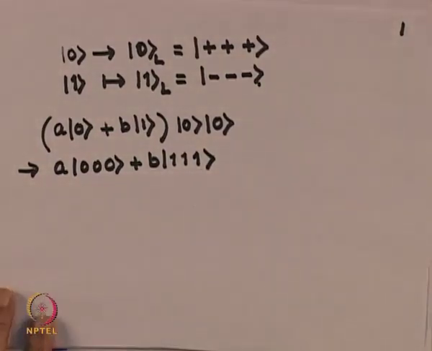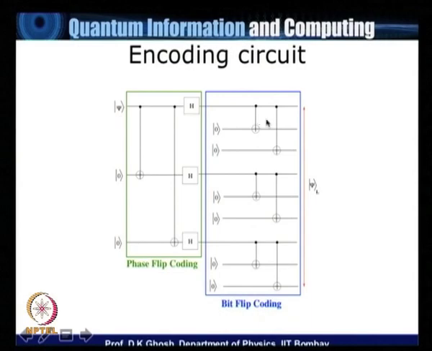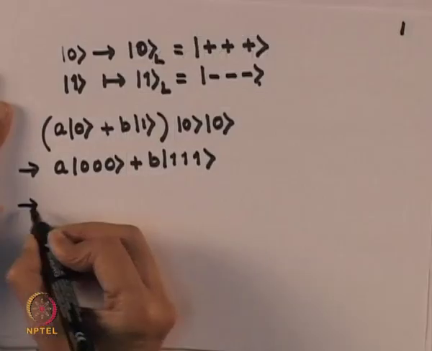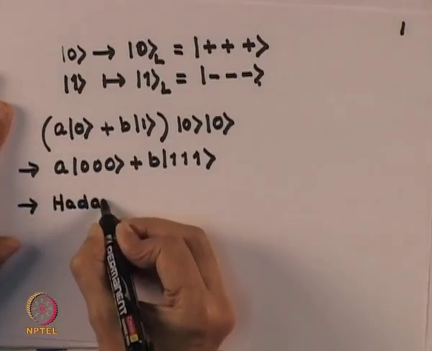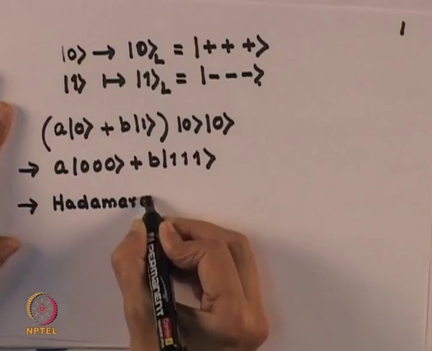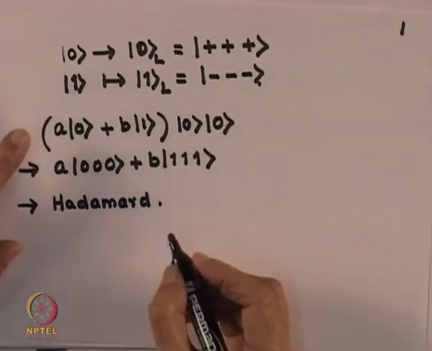That is the effect of this step on the slide. Having done that, we apply a Hadamard gate on all these 3 qubits.